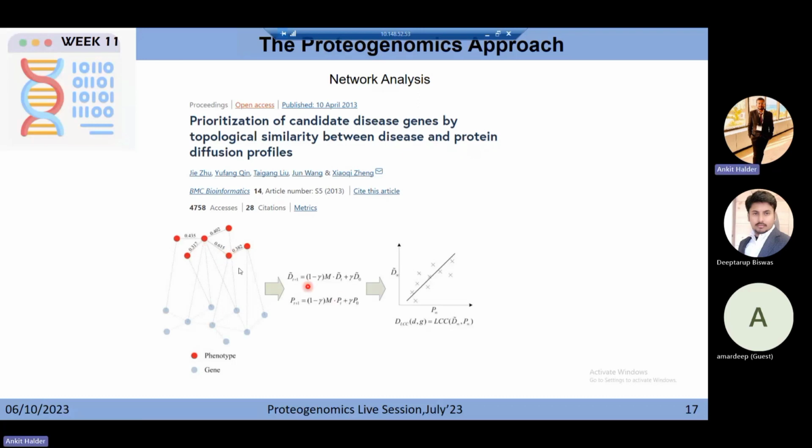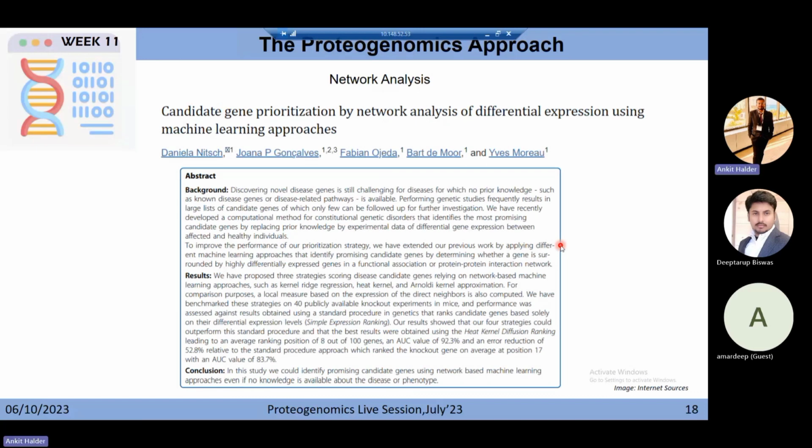So you can calculate with a certain kind of equation the association between the phenotype and the particular gene, and then you can perform this mathematically.